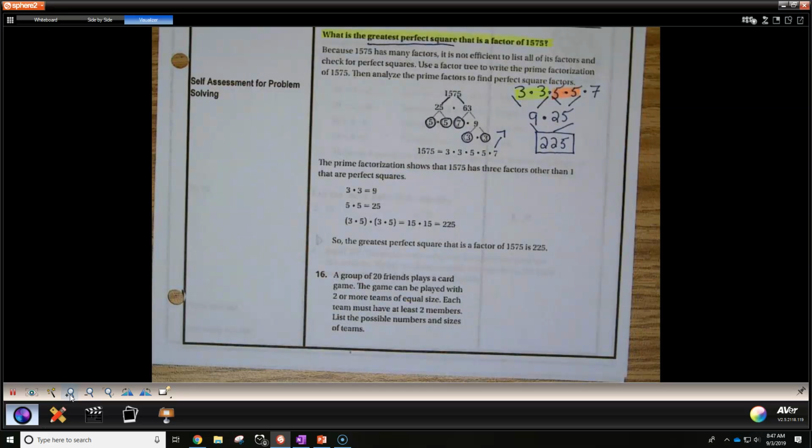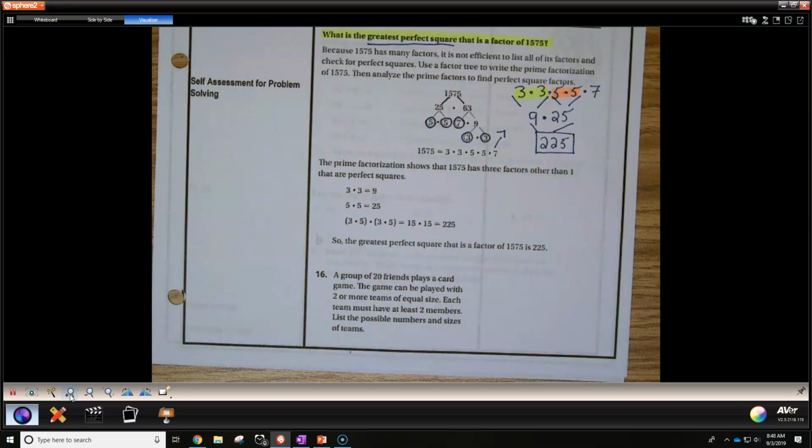To find the greatest perfect square, step 1, do prime factorization and write it all the way down to your prime factors. Step 2, I would highlight or underline any numbers that are repeated. The 3s are repeated and the 5s are repeated. I'm then going to multiply those all together.